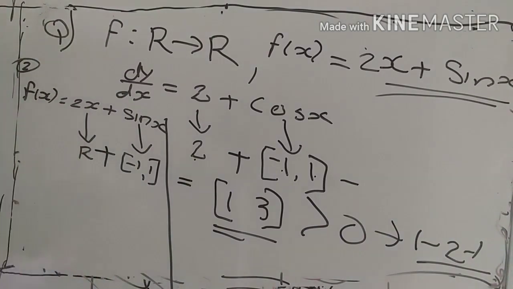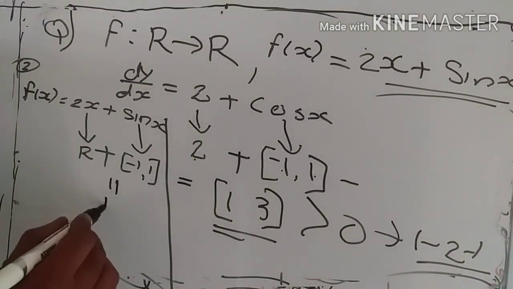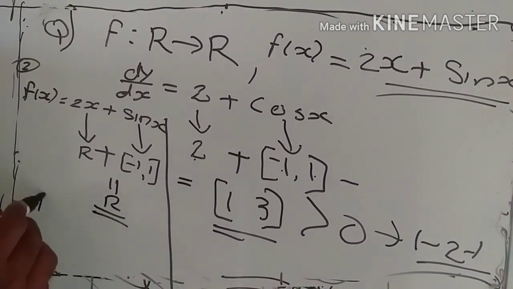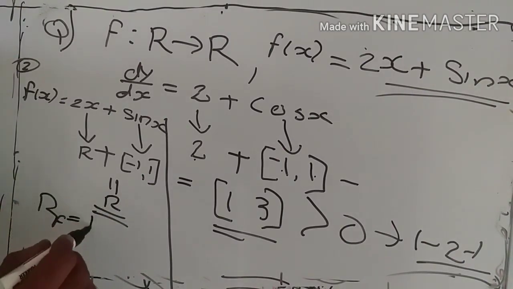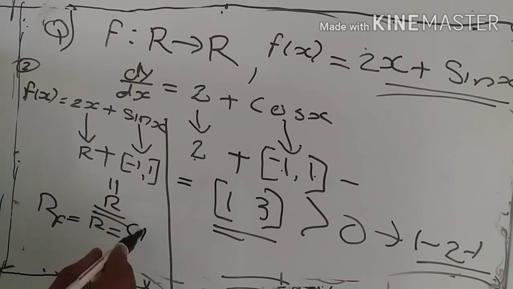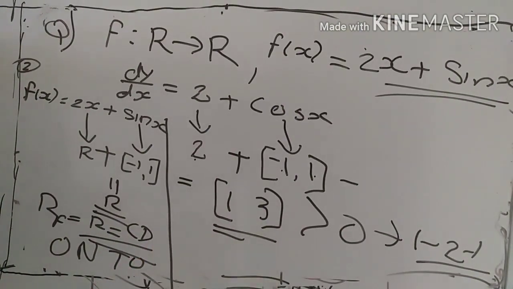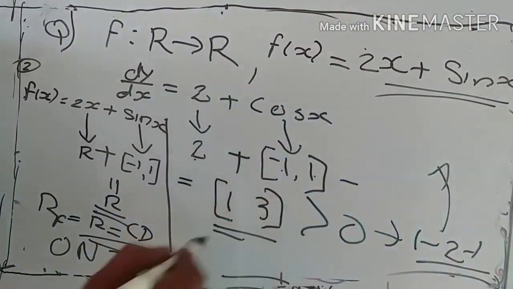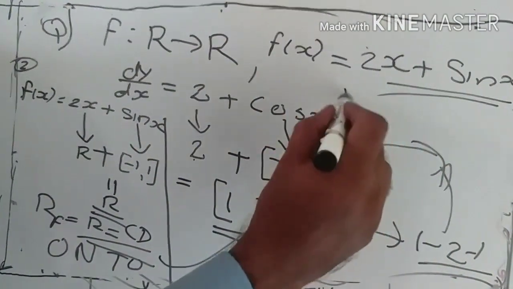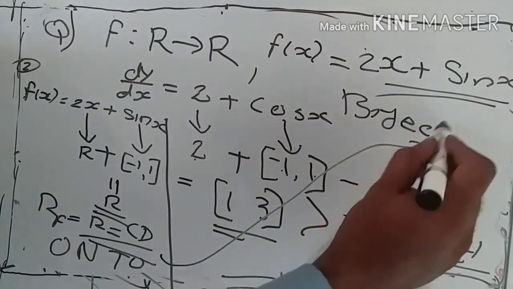So R plus minus 1 to 1 again is equal to R. That is, range is equal to R, which is the codomain. So function is onto. So both 1 to 1 and onto. So function is bijective.